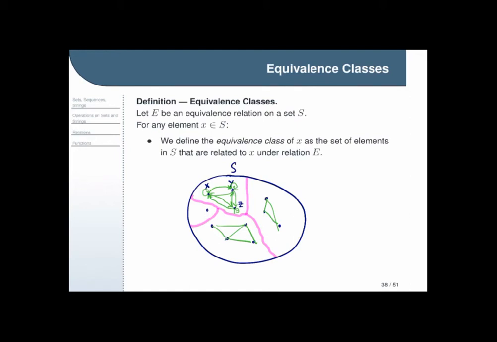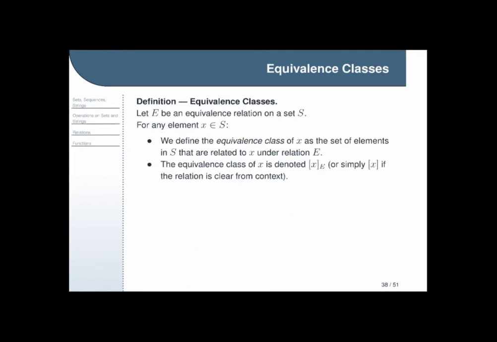Now, of course, we have to talk about how we write these things, so we'll take a little bit of a notational interlude and say, okay, the equivalence class of X is written with this bracket around X, and we can add the subscript E to specify which equivalence relation we're talking about. If I don't say what E is, this doesn't really tell you much, right?